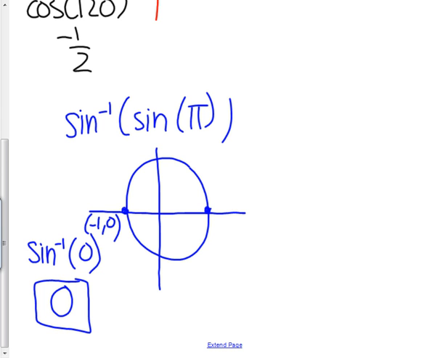Yeah, so if we said this was equal to pi, that's wrong, because pi is not in our range for sine inverse. It has to be here, just if you remember that. And that point is 0 radians.